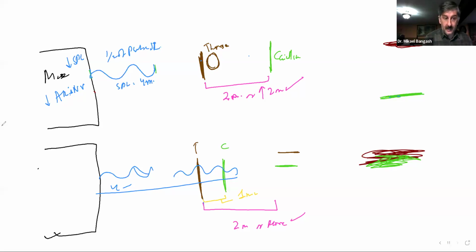I could achieve that by a further decrease in my spatial pulse length, which could be achieved by either having a lower number of cycles or a lower wavelength, which will lead to a greater frequency.